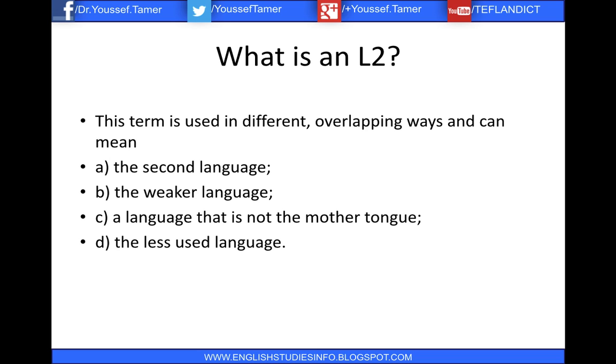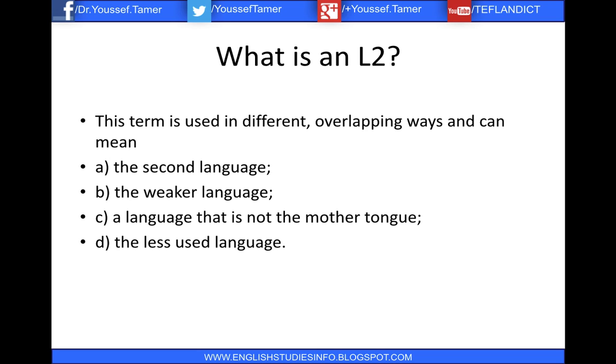Right? Now, I'm sure if you look at yourselves and your own ways of living and using languages, that's what happens to you. With regard to your L1, you are better in terms of competence. You use it more often. Okay? It's your mother tongue, right? But your L2, like French, is the second language.